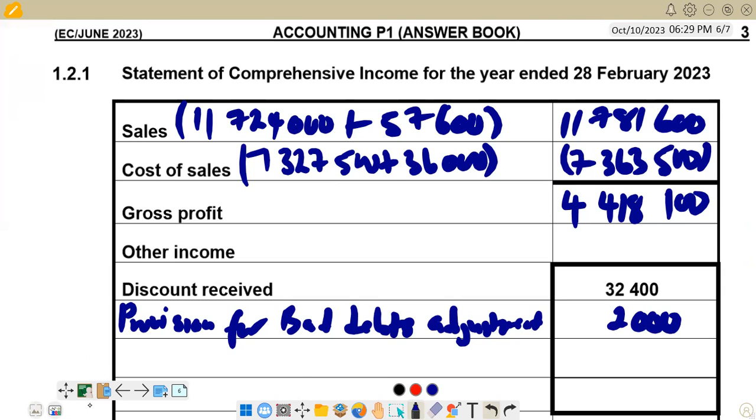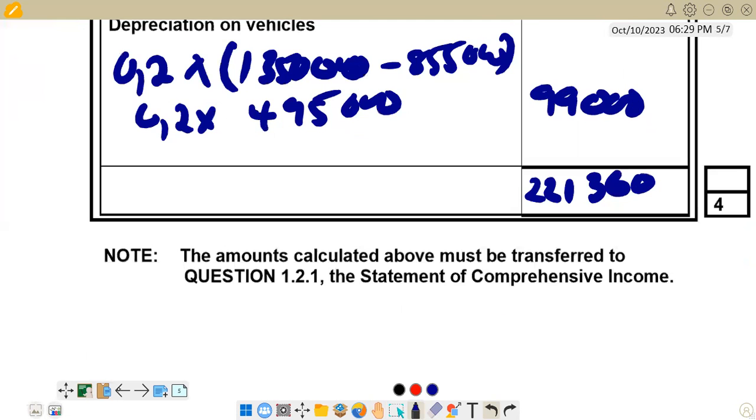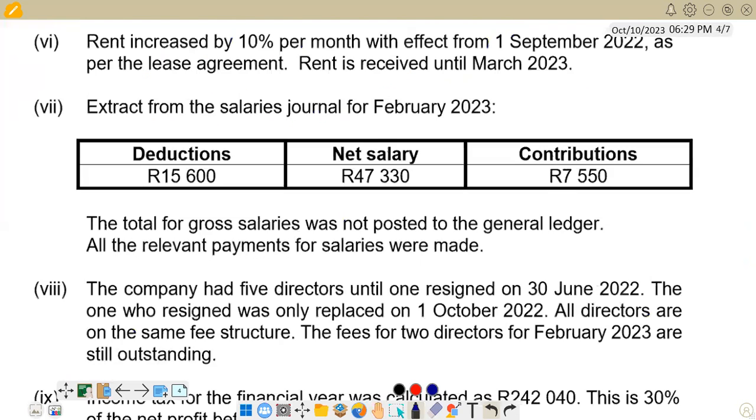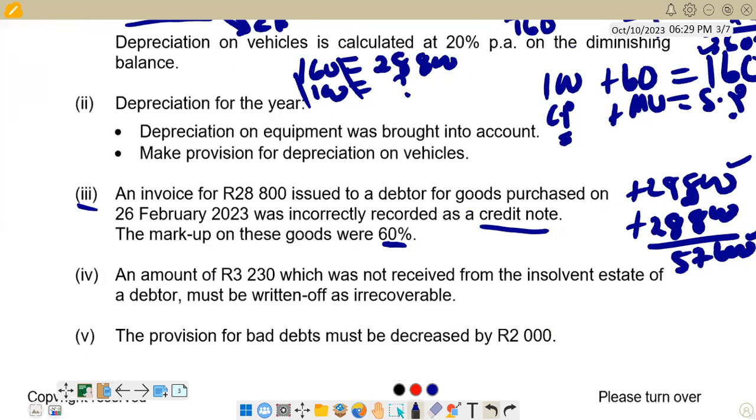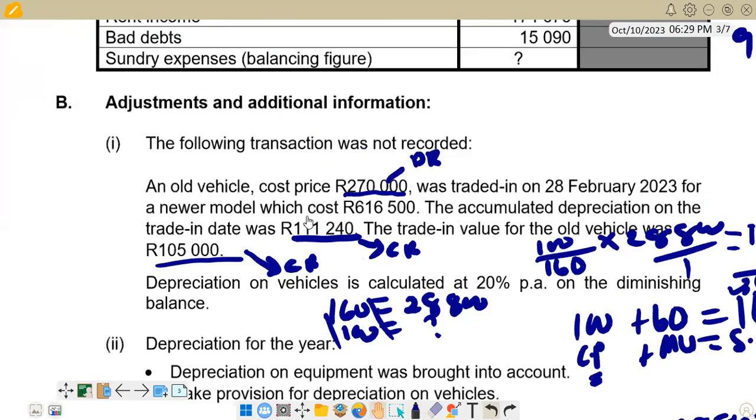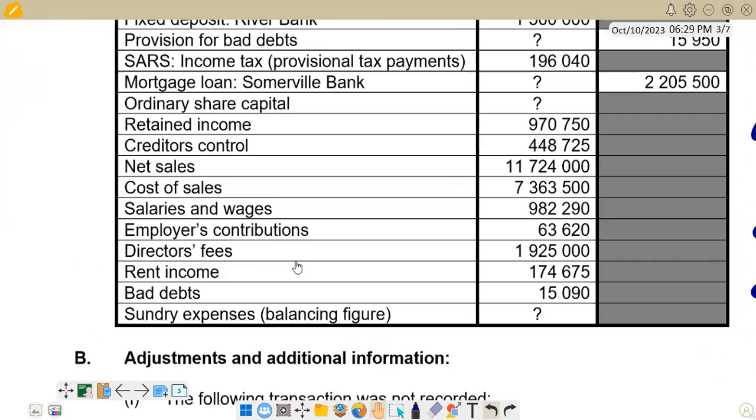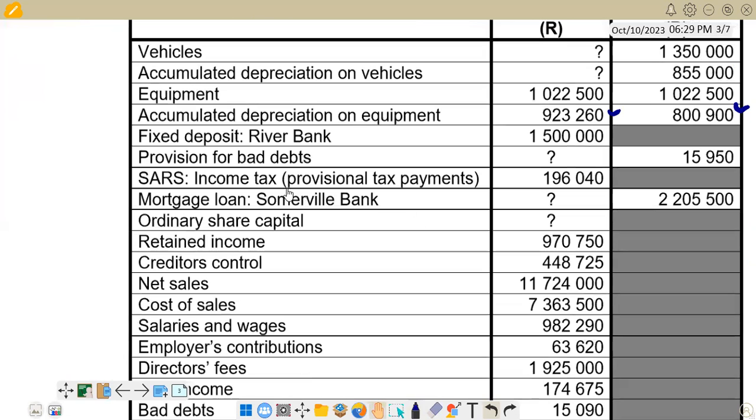Then we go back again to check any other income that we have in the question. In the question, we go up again in the list of balances. We're on provision for bad debts there. We go down again: sources income checks, mortgage loan, retained income, here, salaries and wages, all these expenses, employers' contributions, directors' fees.